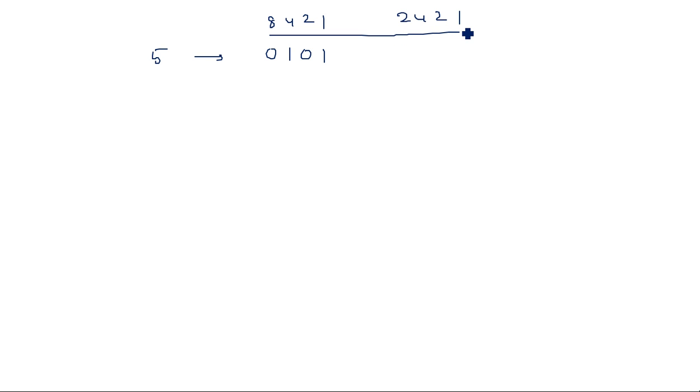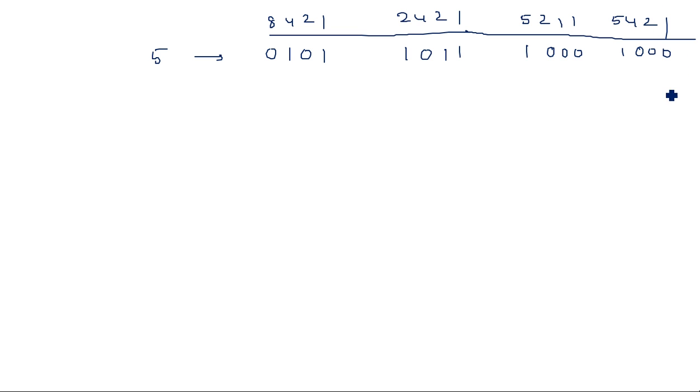You can take 2 plus 1 or 4 plus 1, so you can take 1011 also. And in 5211, wherever 5 we have, there 1 and the remaining are zeros. And in 5421 also you can take the same method. But see, in 8421 it is not equal to 5, it is like 8. That's why when you are converting the decimal number into binary, you have to mention that it is in 8421 code. Okay, these are the different codes and their classifications. Thank you.